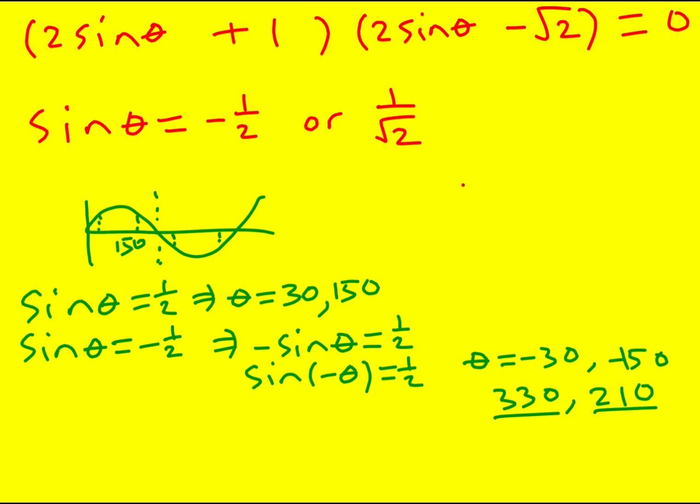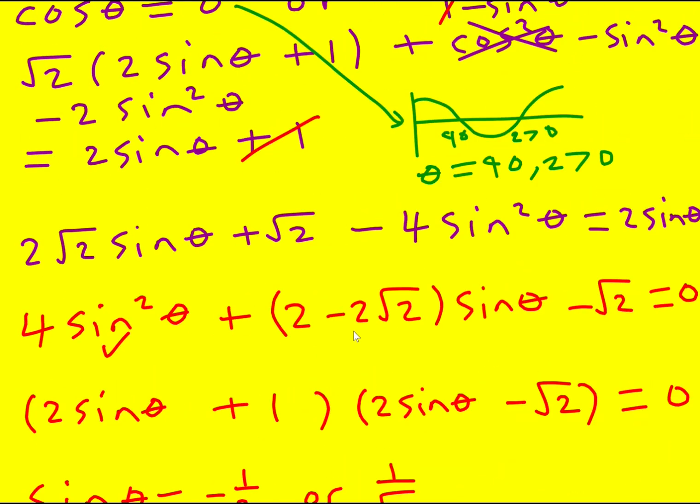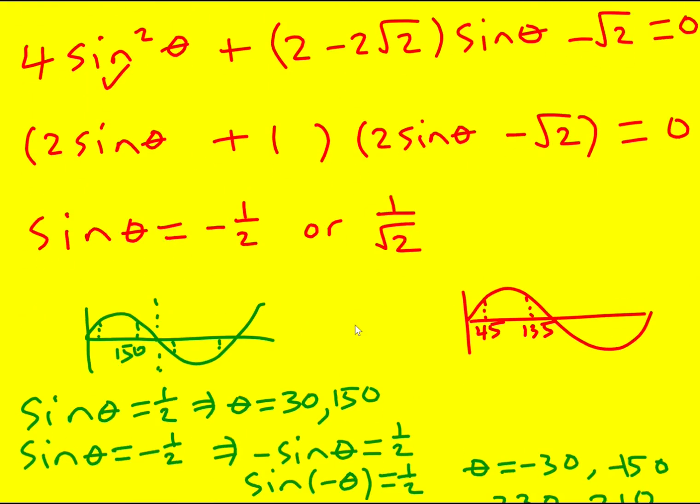I think I'll just draw another diagram. Okay, this is a classic one to know. It's 45, and then the other one's going to be 180 minus 45. It's going to be 135. So overall, theta is going to be, what did we have? I've already forgotten. 90 and 270.